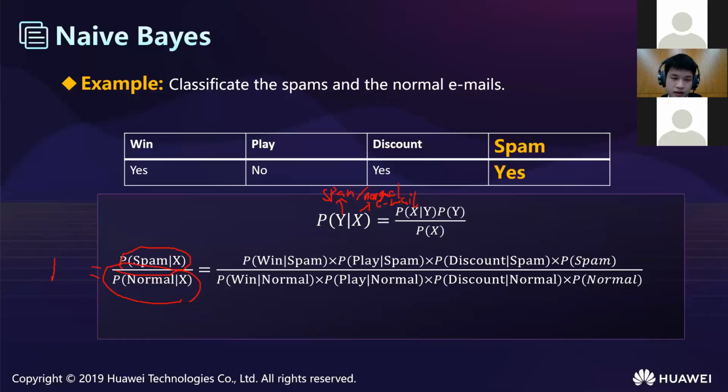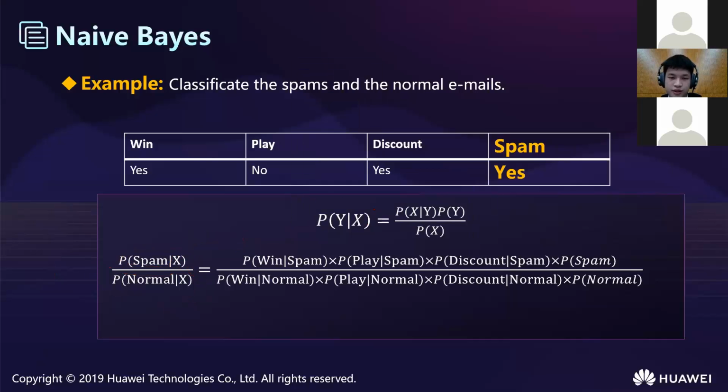Given x means that we have a data sample, one email. So that is the probability of this email being spam, and here is the probability of this email being a normal email.